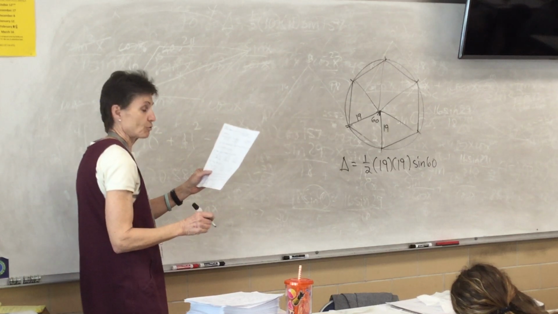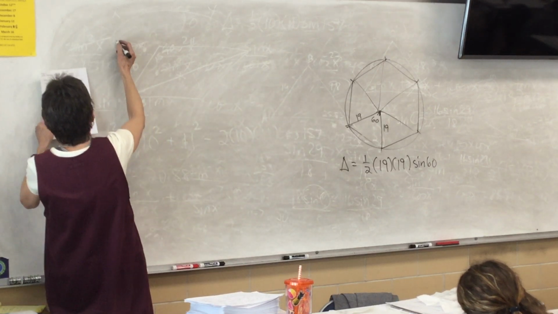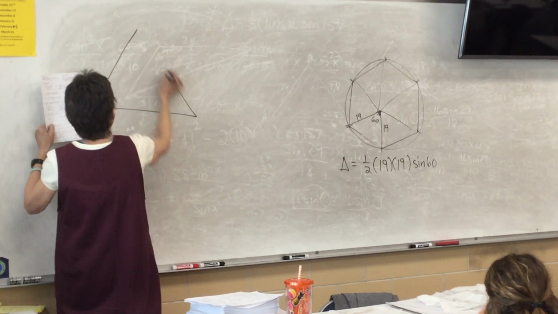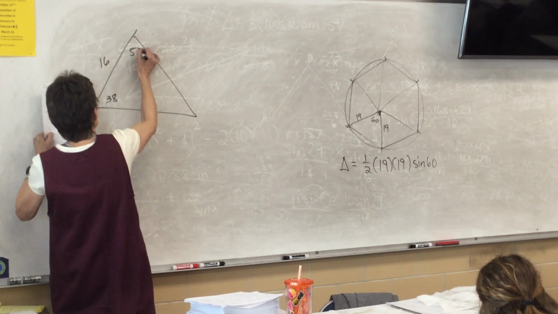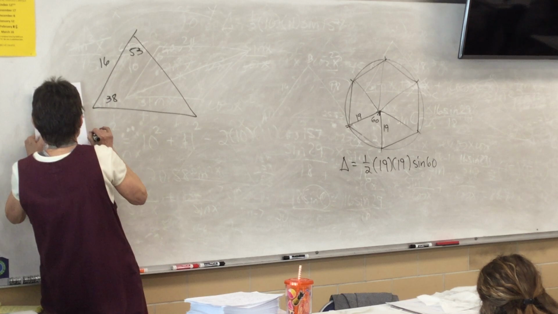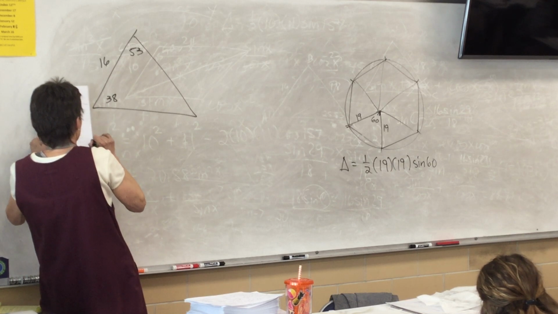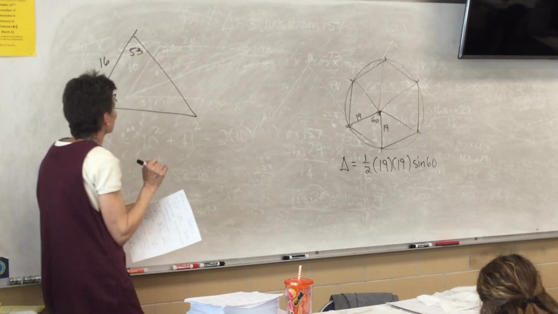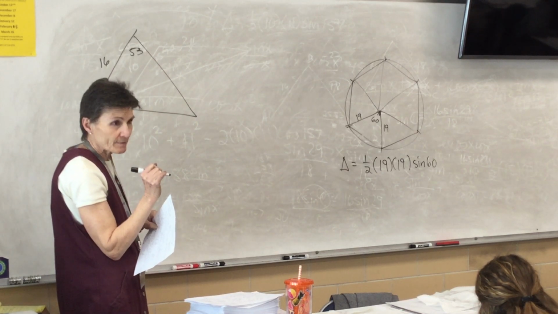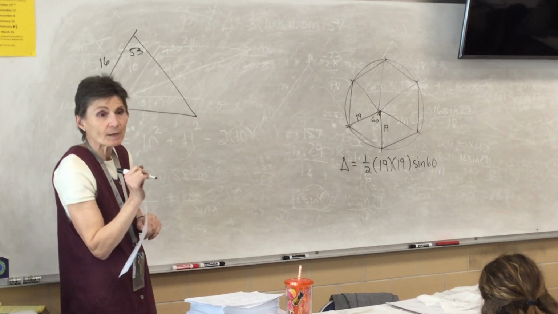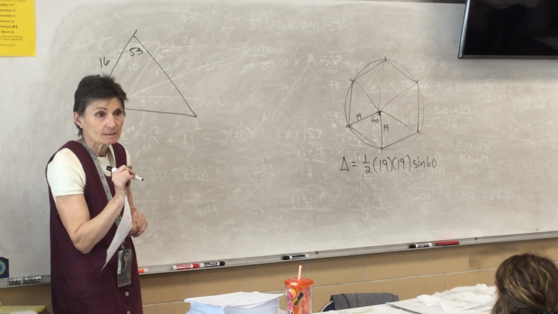Alright, so I'm doing 3C now. If you need to be paying attention, you probably better. I cannot find the area of this triangle because I do not have enough sides.